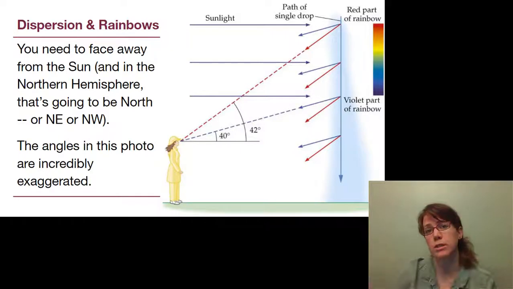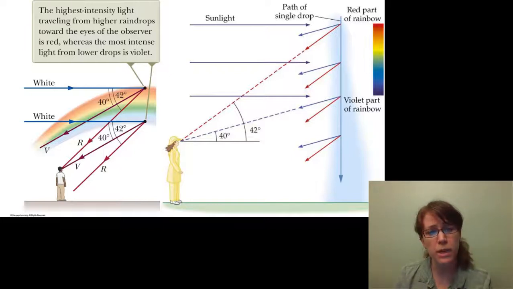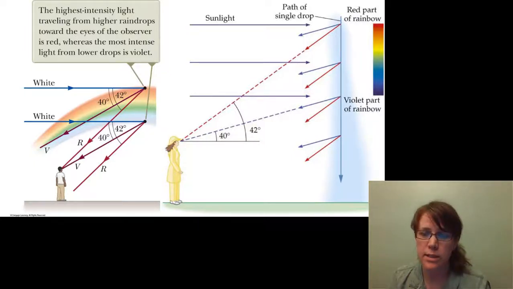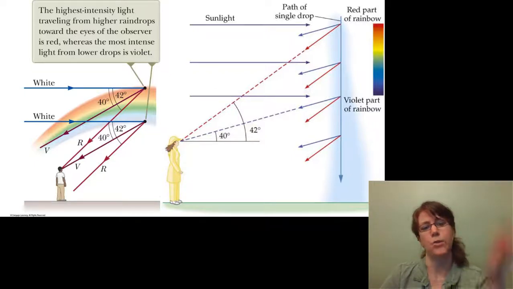If you ever draw it, that's how it looks. And it's worth recognizing that it's because the highest intensity red that you're going to be seeing is higher up, and the highest intensity of what's aligned with your eyeballs lower down is going to be the violet.